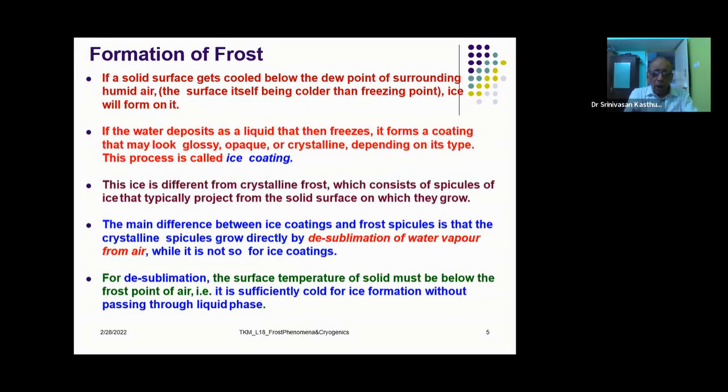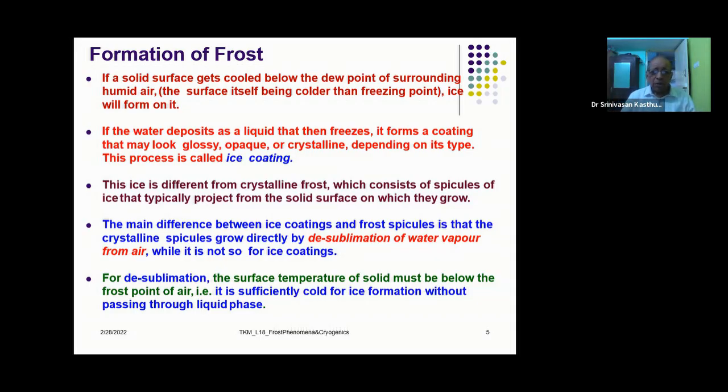How is the frost formed? Let's look at the way in which the frost gets formed. Suppose I put a solid surface, and the solid surface gets cooled below the dew point of the surrounding humid air. What is dew point? Dew point is that temperature at which the atmospheric water vapor starts condensing.